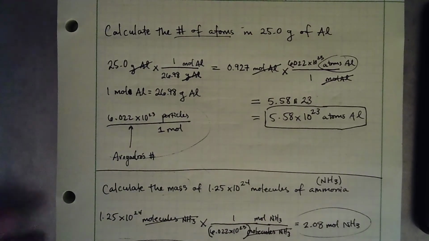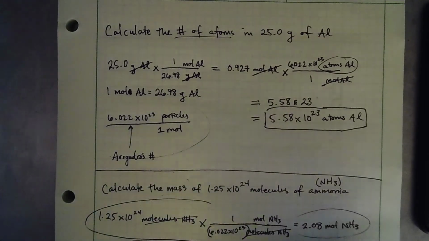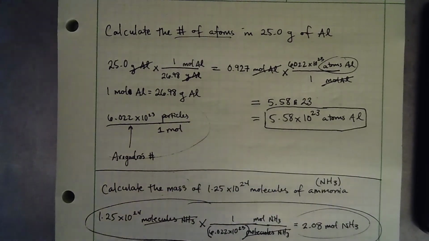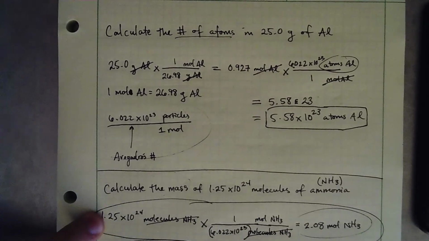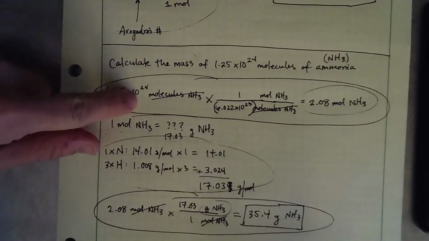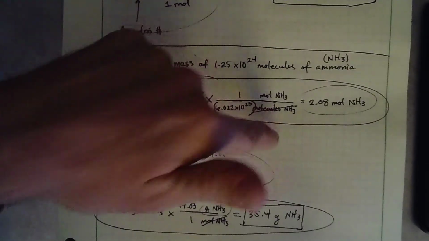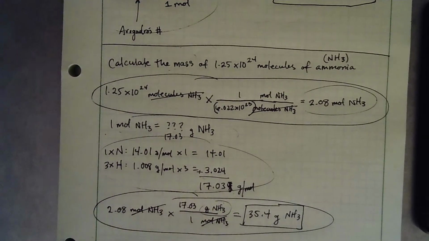Maybe the first time you do it, you might want to write it down, but we're going to get good at this, and so really this part here is what I need to see, right? This part here, the actual calculation, okay? I do want to see these calculations written out like this, with the units shown, how they're canceled, exhibiting that you know how to do the dimensional analysis.